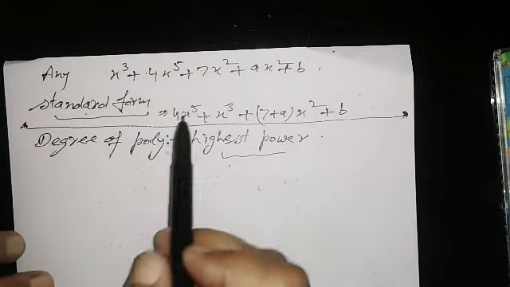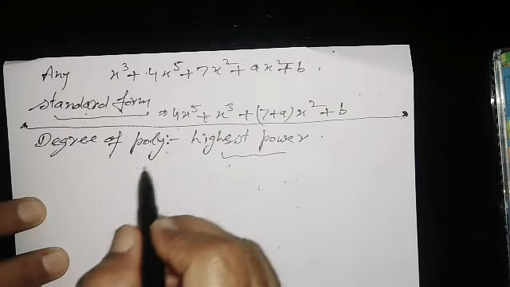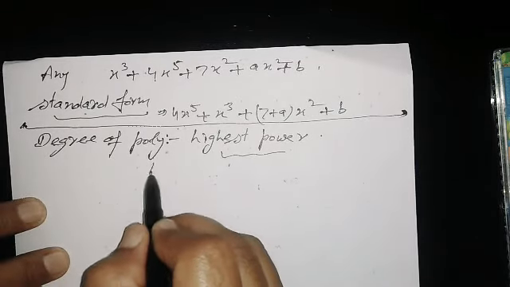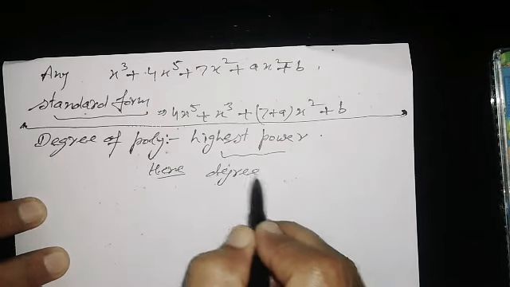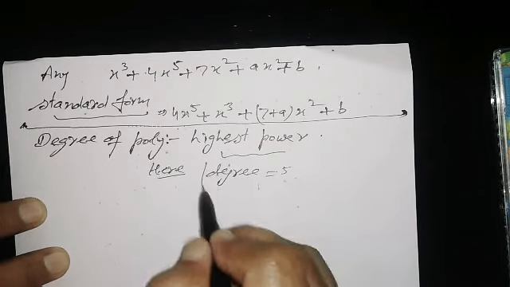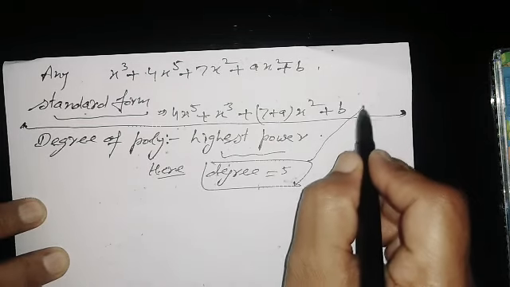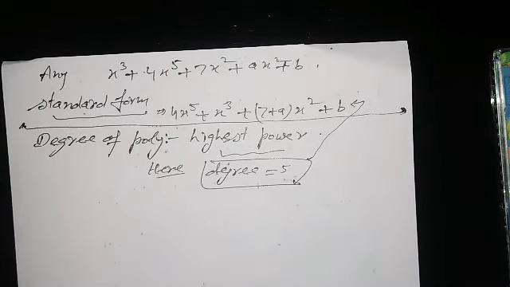Means in the above expression you can say here degree of this polynomial is 5. Why 5? Because highest power in this expression is 5, so it is called degree of that polynomial. I think clear?